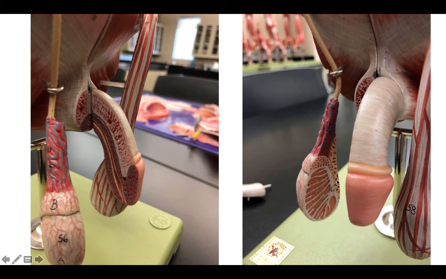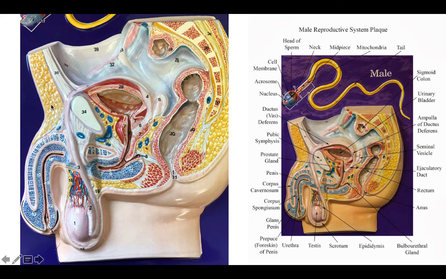So here's the epididymis right here, and the epididymis along with the ductus deferens. So here's the ductus deferens. And let me go to this one here so you can see the rest of it. So here's the epididymis and the ductus deferens here. And then along with the ejaculatory duct, so the ductus deferens will end here where the ejaculatory duct is.